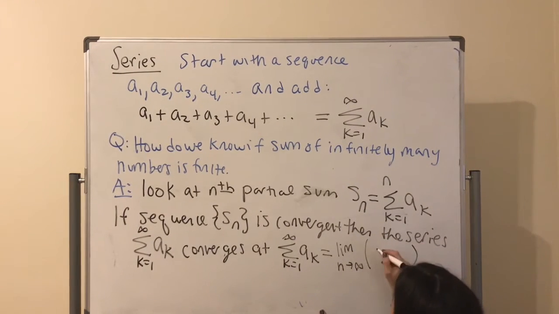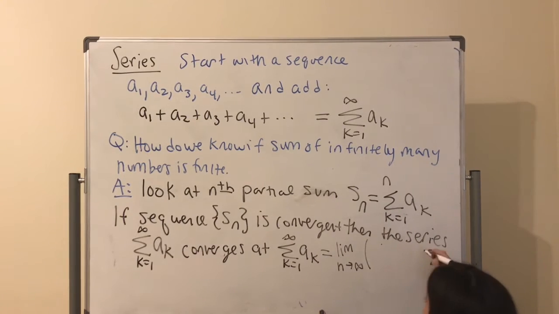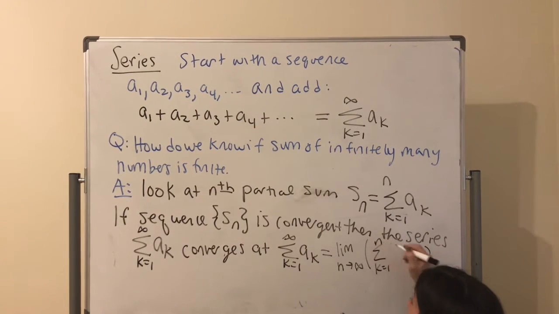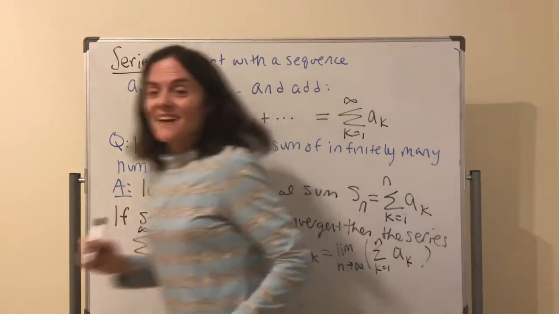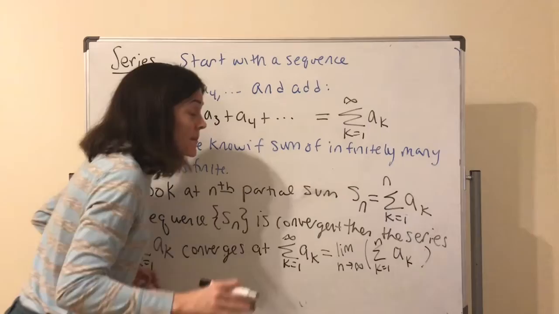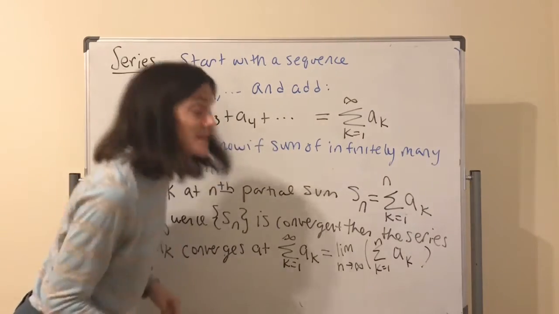But what is Sn? It is a sum, k equals 1 to n of ak, like this.